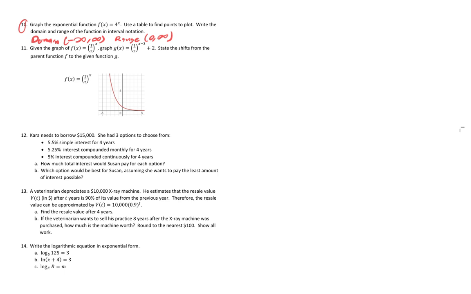So next we're going to look at question 11 here. We're given the graph of f of x is equal to 1/2 to the power of x, graph g of x, and g of x is equal to 1/2 to the power of x minus 3 plus 2.